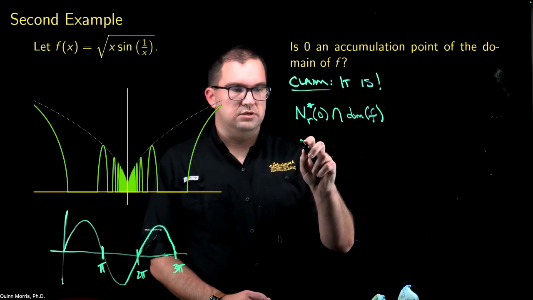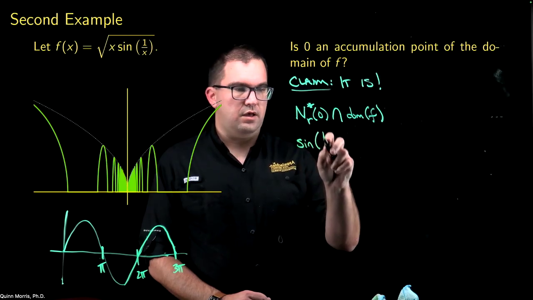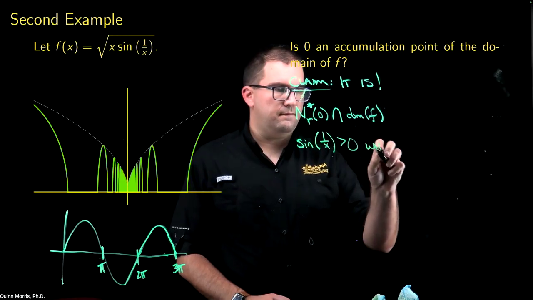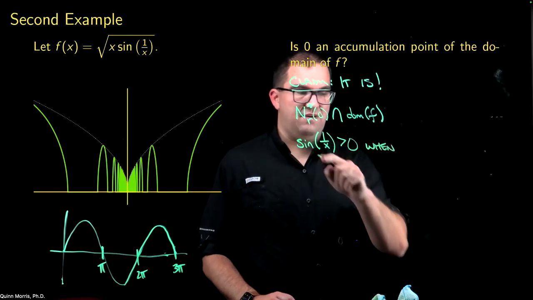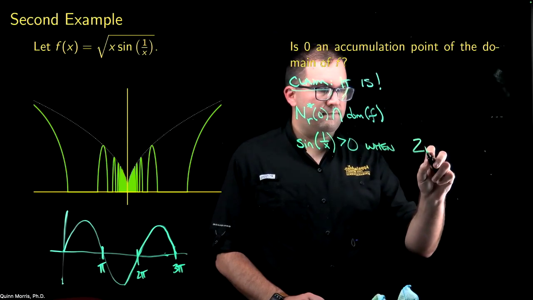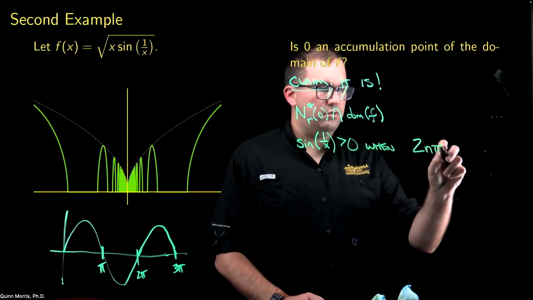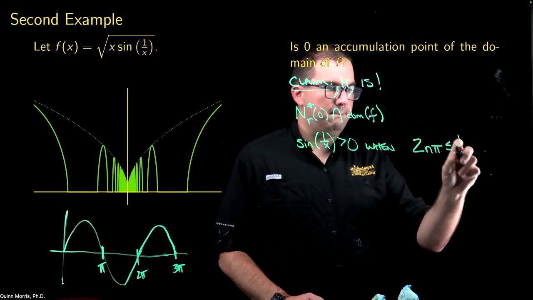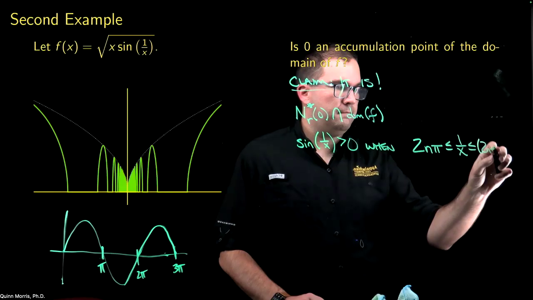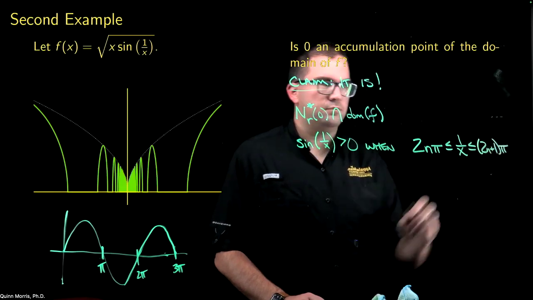So sine of 1 over x will be greater than 0 when the input value, 1 over x, is between an even multiple of pi and an odd multiple of pi. Okay.